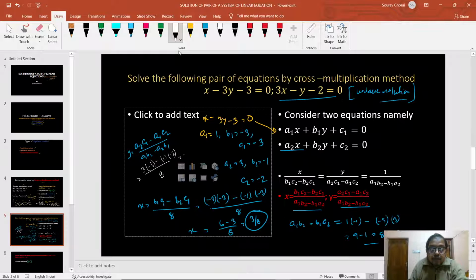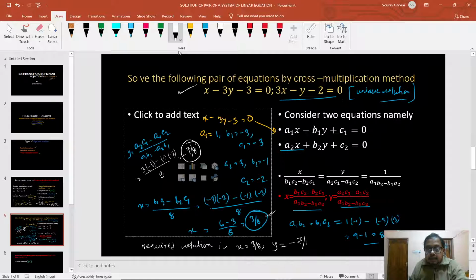From here if we calculate, we get the value of y is minus 7 by 8, and the value of x is 3 by 8. So these two are the solution of the equations. That is, the required solution is x is equal to 3 by 8 and y is equal to minus 7 by 8.